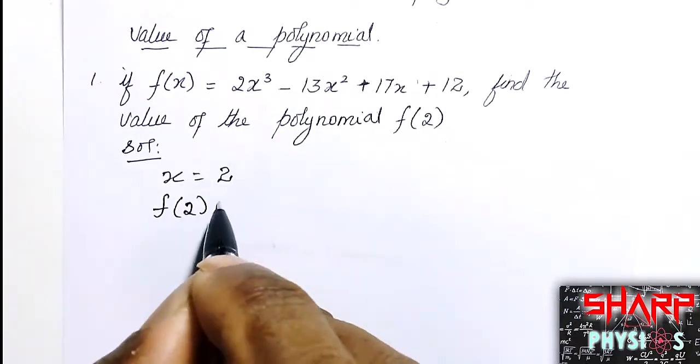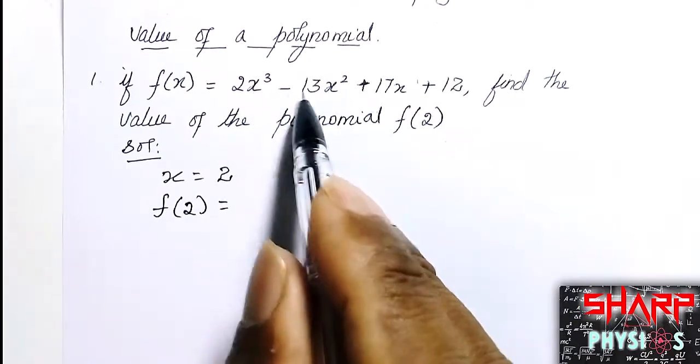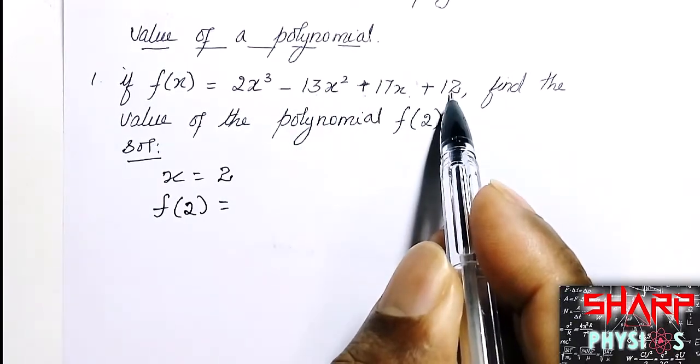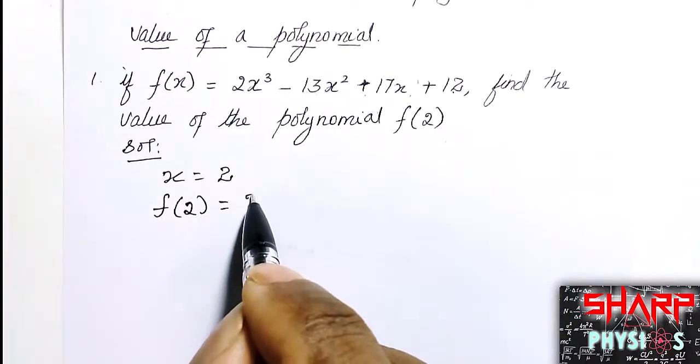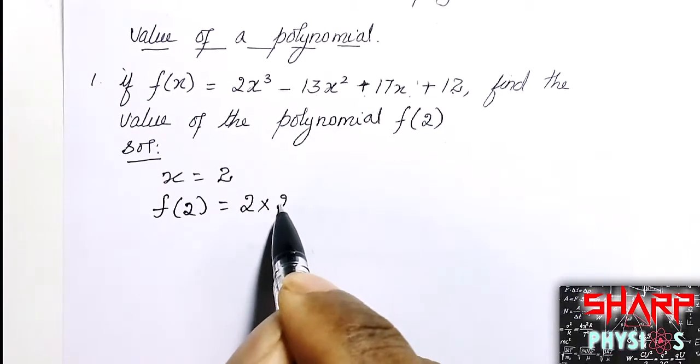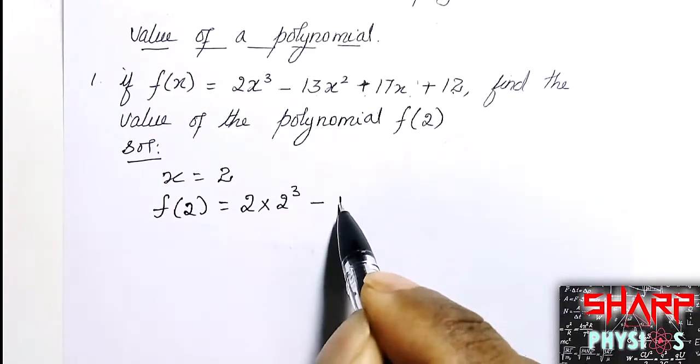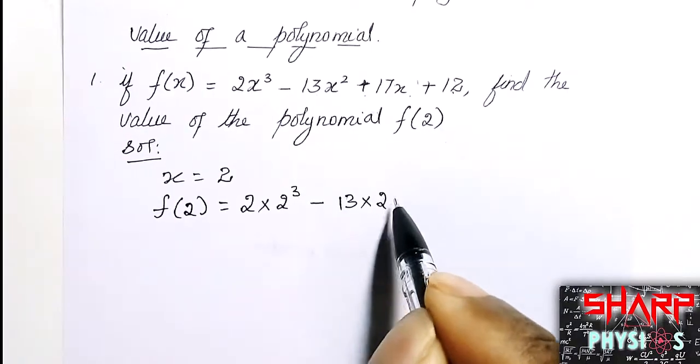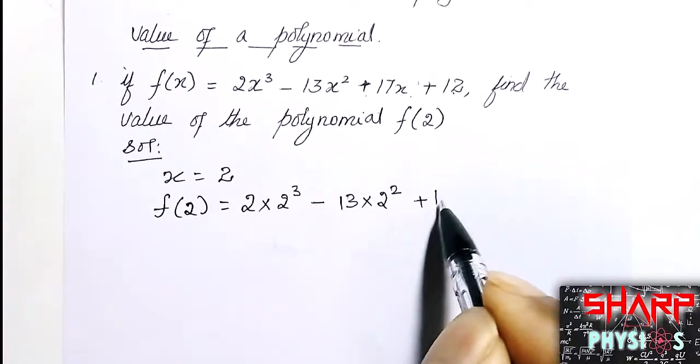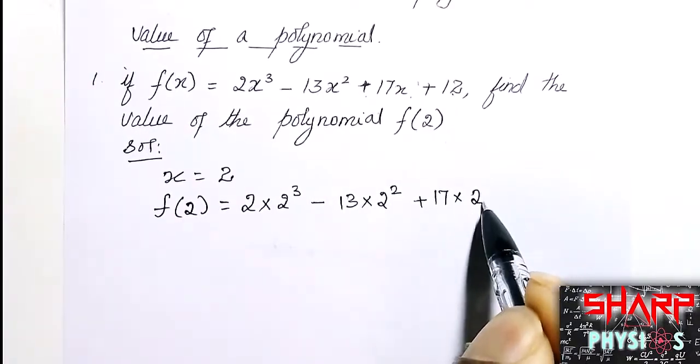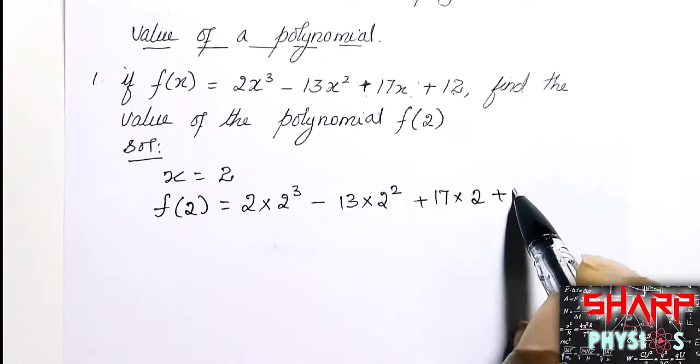f of 2 is equal to, wherever x is there in this sum, you have to substitute the value of 2. 2 into 2 to the power 3 minus 13 into 2 to the power 2 plus 17 into 2 plus 12.